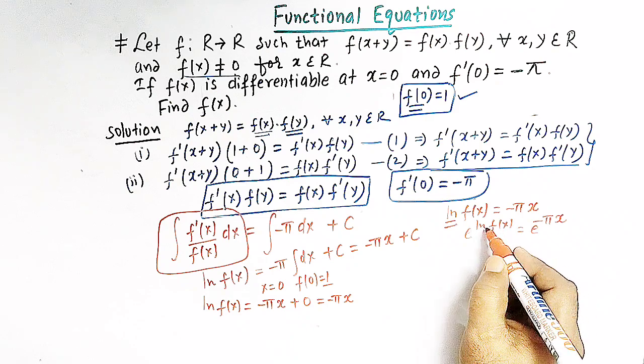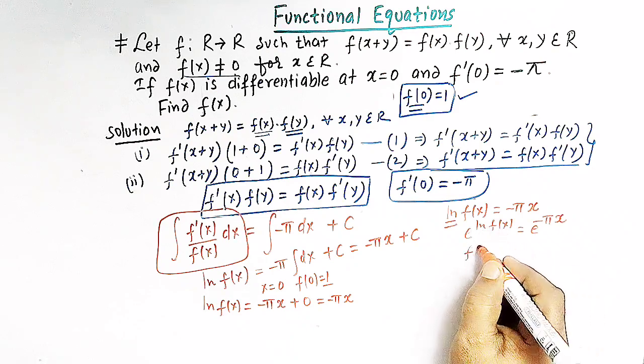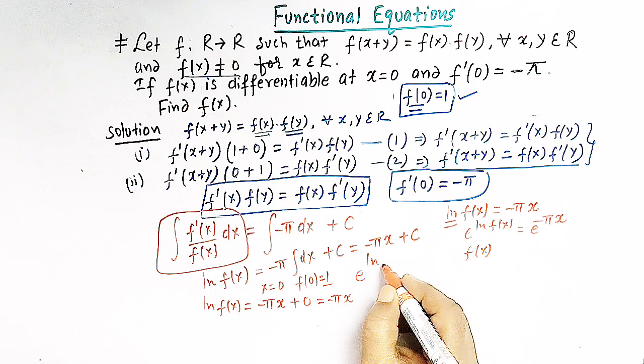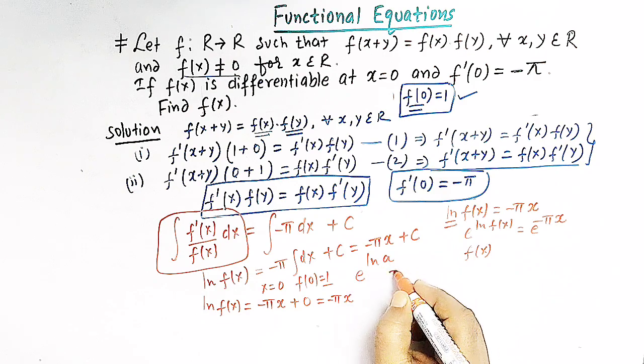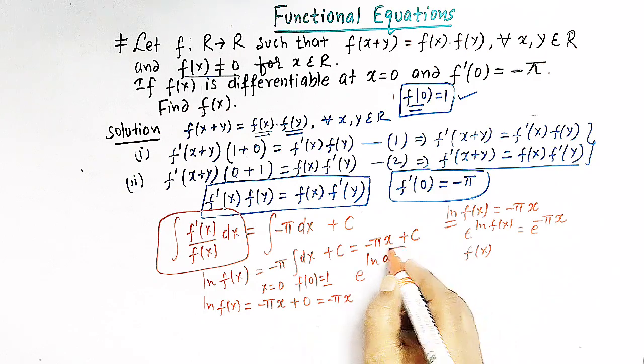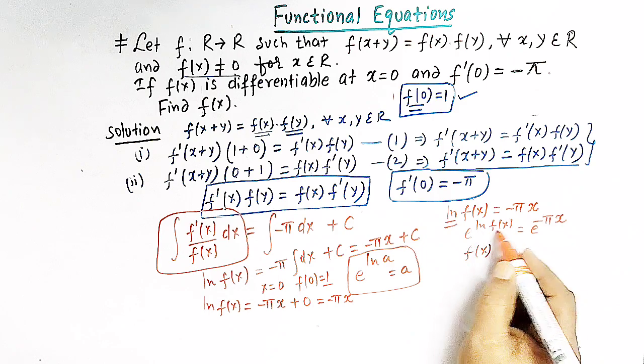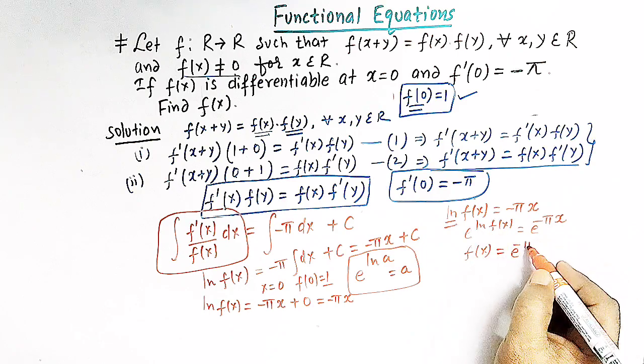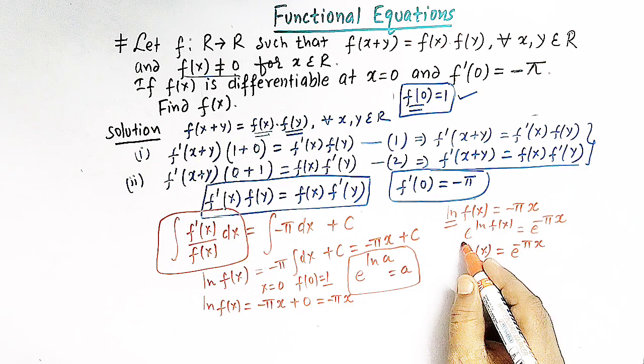Now e raised to natural log of f of x is simply f of x, because we know that e raised to natural log of a is equal to a, right? So here we have f of x, and here we have simply e raised to minus pi x, right?